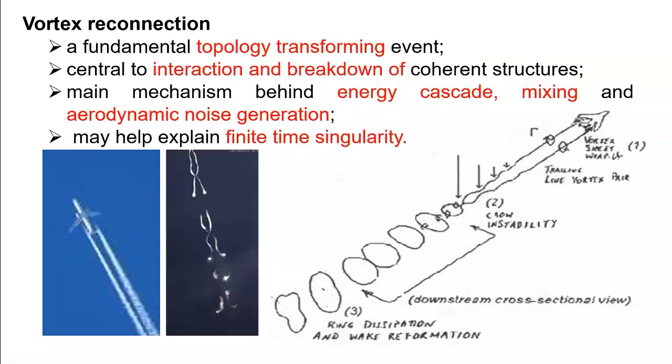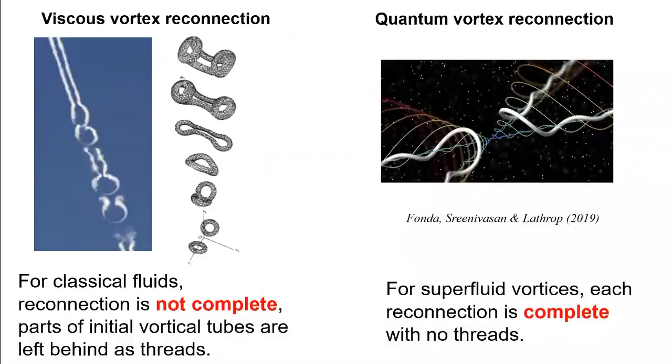So again, understanding this will be important to how airplanes need to behave behind each other. What are the important characteristics of vortex reconnection? In viscous vortex reconnection, he said that the reconnection is never complete, in contrast with what people have also studied, which is the quantum vortex reconnection, which is a complete reconnection.